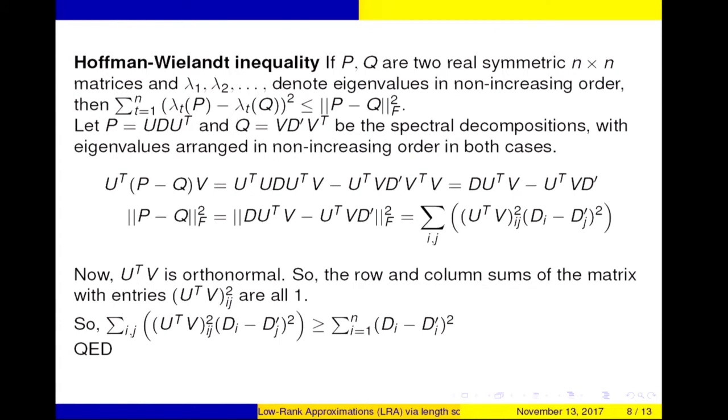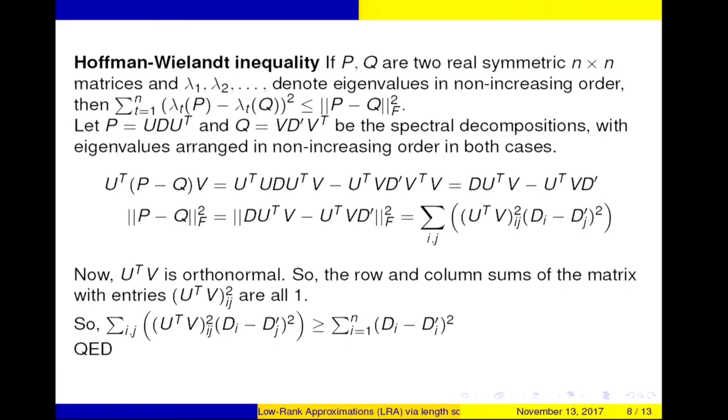Now U transpose V is also orthonormal because U and V are. You have to check that. It's another linear algebra fact, maybe I won't check it. So the row and column lengths are 1, meaning the sum of squares is 1, and this matrix is doubly stochastic.